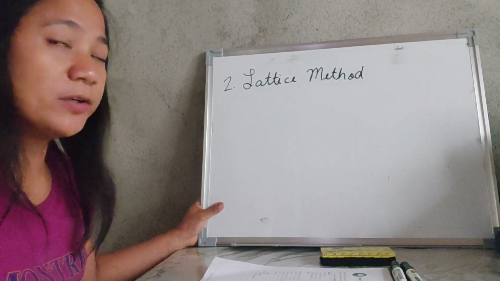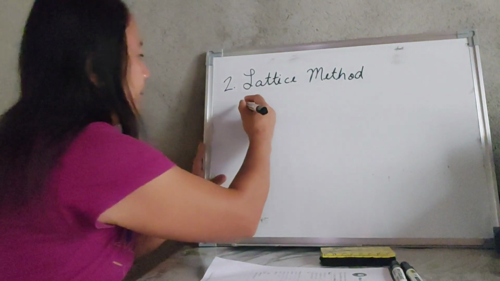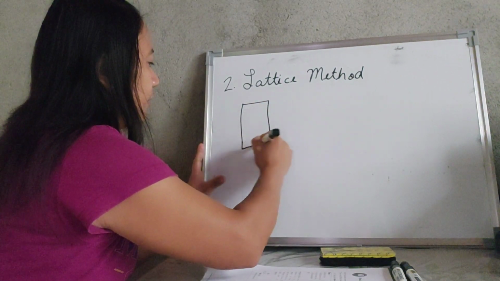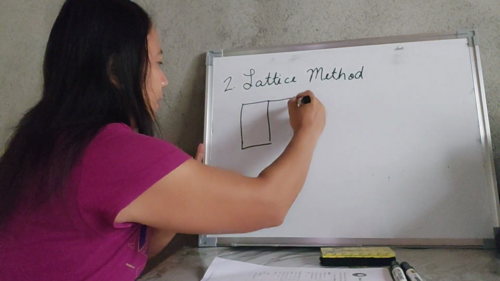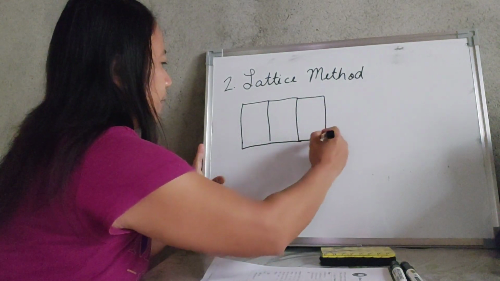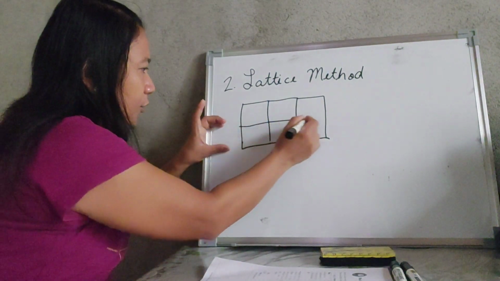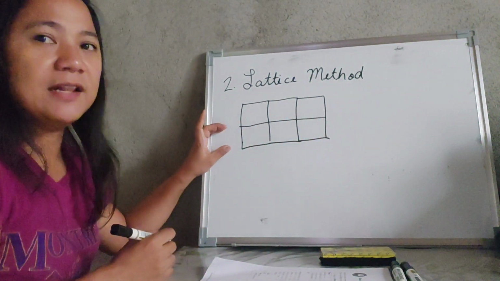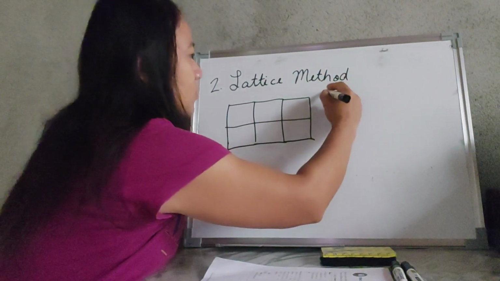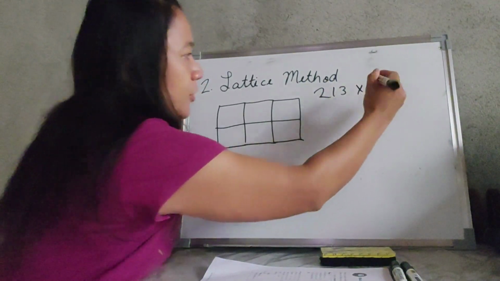The number 1 or step 1, we will draw a lattice. So, what is a lattice? So, yung dinrawing ko na table, ito yung tinatawag natin na lattice. So, we will again use the data 213 multiplied by 32.